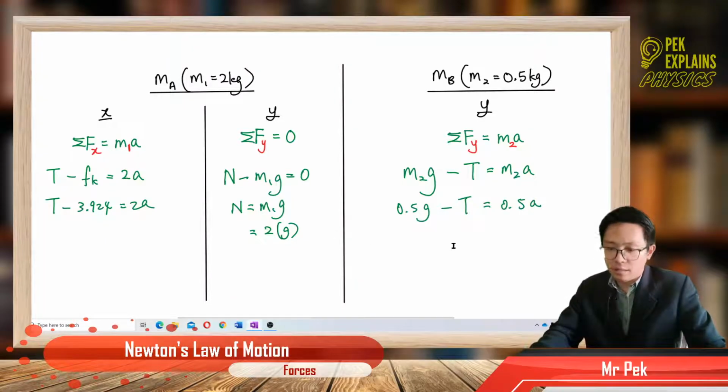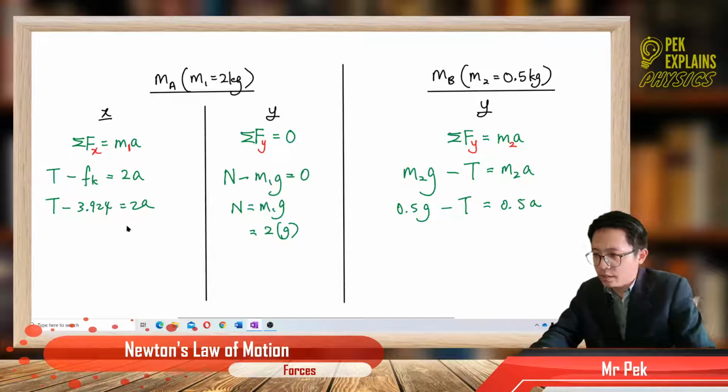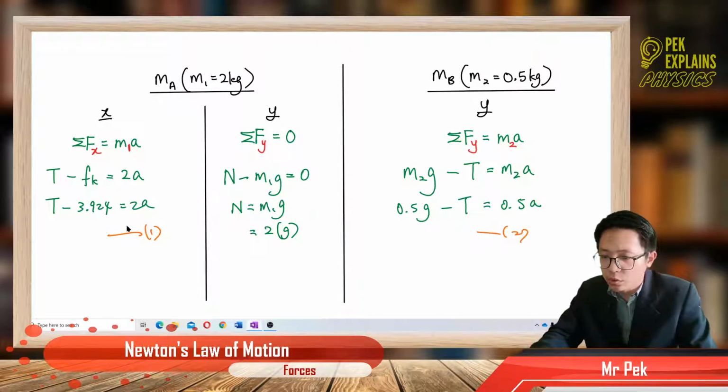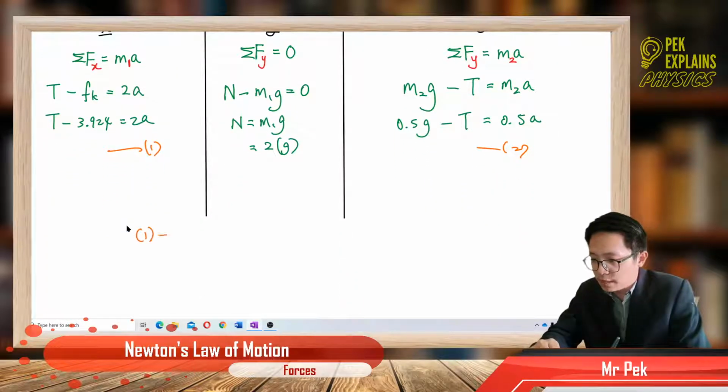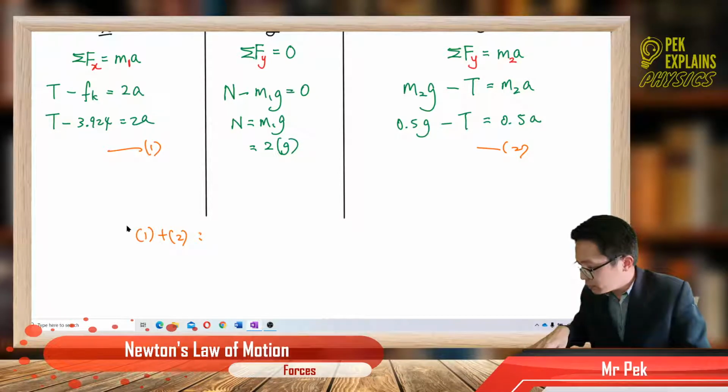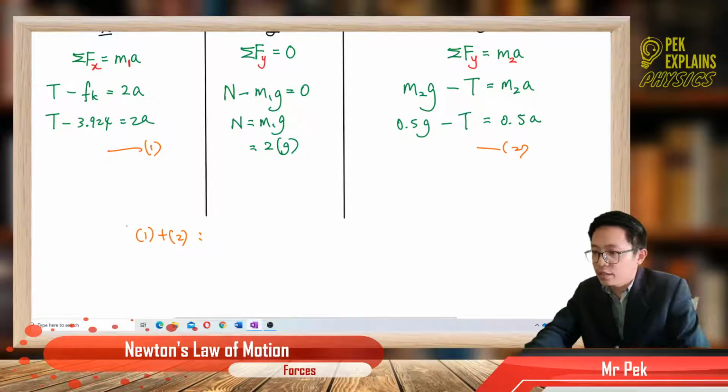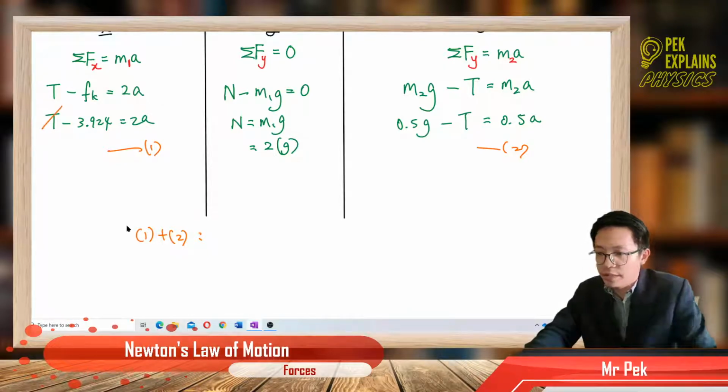equals 0.5a. Okay, now we have two equations here, equation 1 and equation 2. So we can solve by simultaneous equations. So 1 plus 2. Then what do you get? The tension and negative tension cancel off.